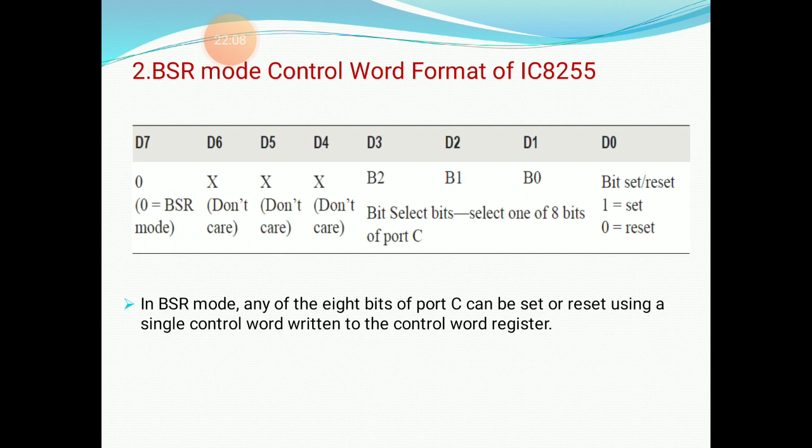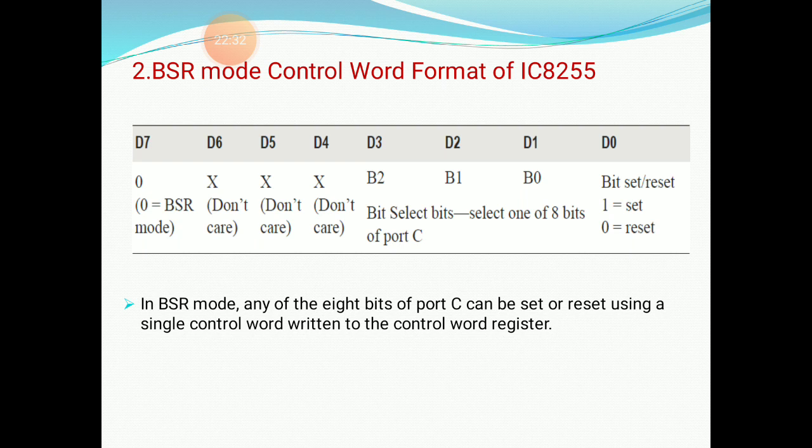Now let us see the BSR mode control word format of the 8255. In this BSR mode, the D7 bit is always 0 to indicate BSR mode. The bits D6, D5, D4 are always don't cares. The bits D3, D2, D1 are the bit select bits B2, B1, B0.